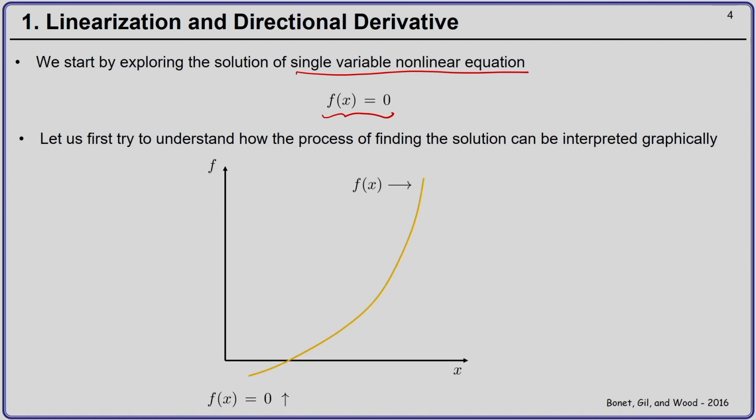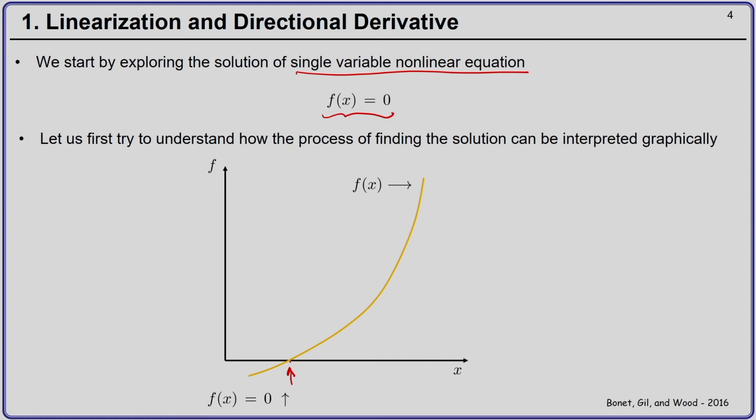So, as you can see here, we have plotted a general function f of x, which is shown here as this yellow line, and the point at which this function cuts the x axis, here, that is where your solution lies. So, f of x equal to 0 is this point where the yellow curve intersects the x axis.